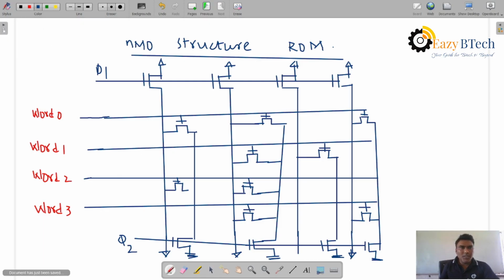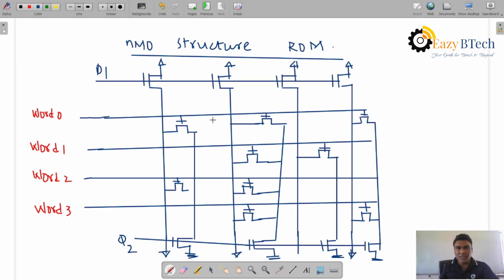Let us see this one. When the transistor is present, it will be connected to the ground potential, so the path is established. On word line selection, the gate transistors are on.